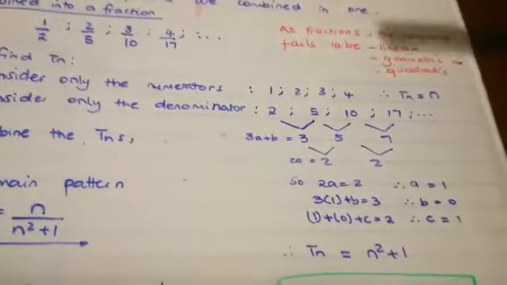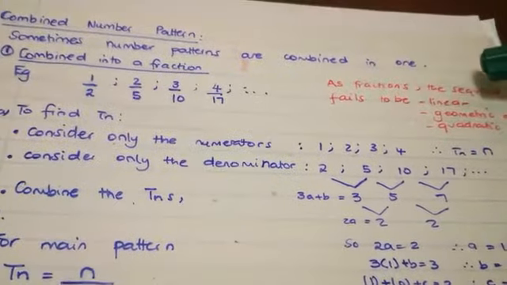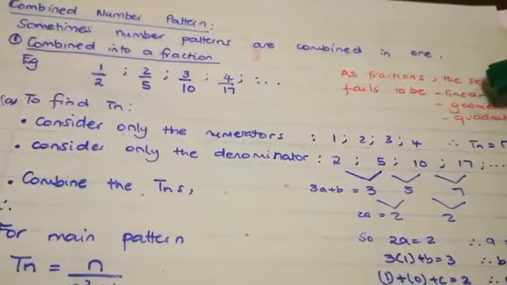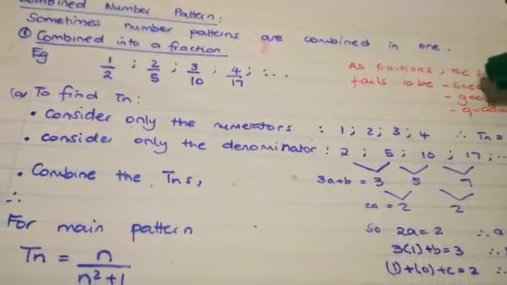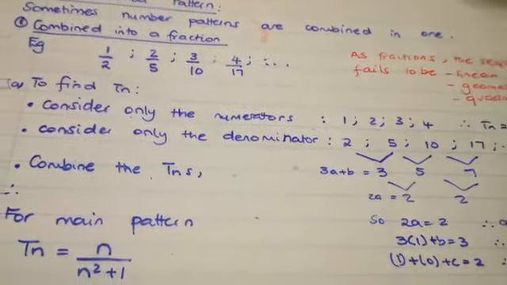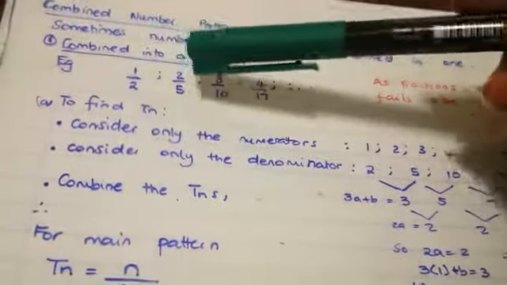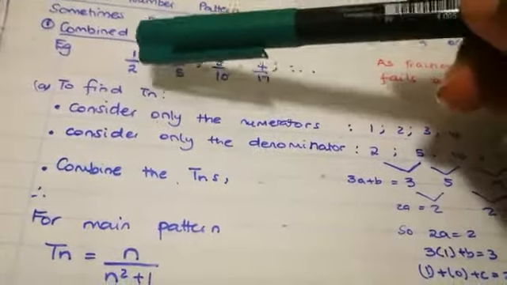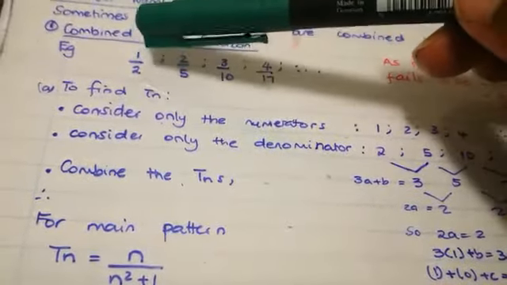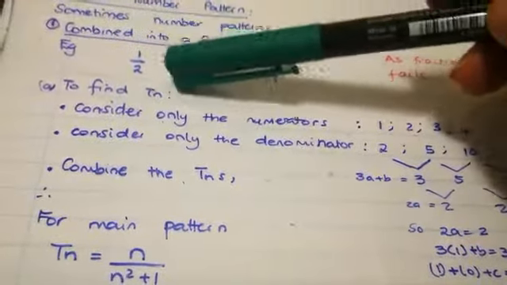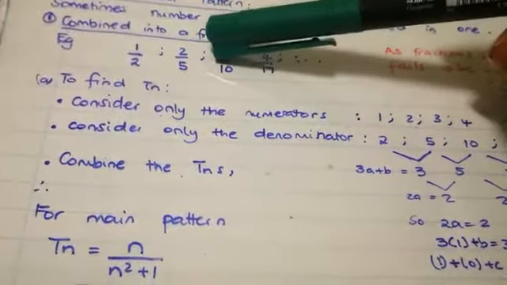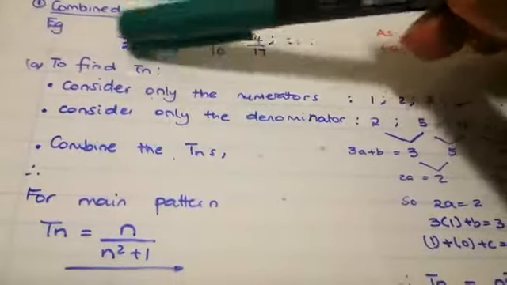So the first thing that we would do is check if the pattern is linear, geometric, or quadratic before you can conclude that it is a combined number pattern. I did my check. I couldn't find a constant difference. I couldn't find a constant ratio.